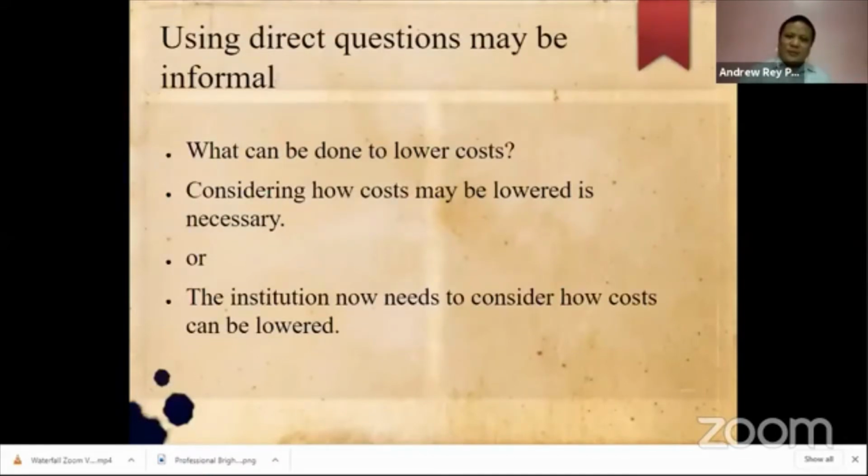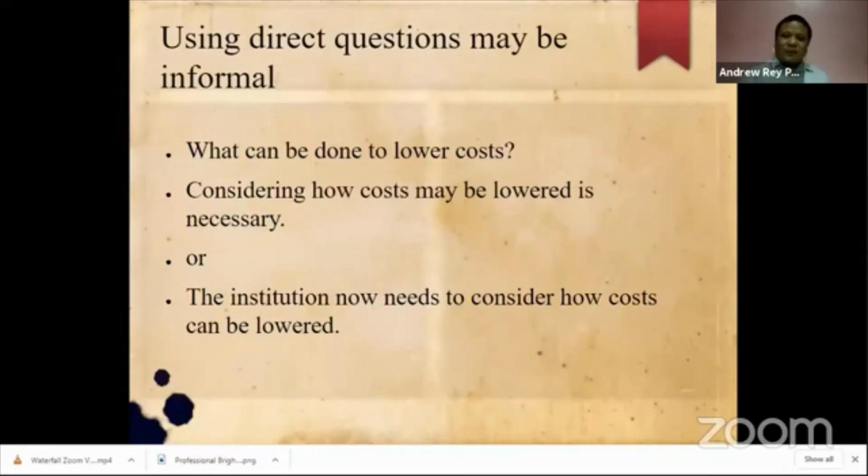Okay? Now, in many cases, using direct questions may be informal. Okay? What can be done to lower costs? You replace that with a declarative. Considering how costs may be lowered is necessary. Or you can say, the institution now needs to consider how costs can be lowered.